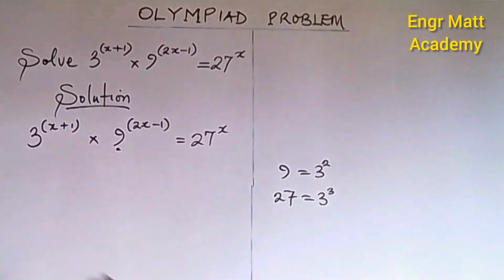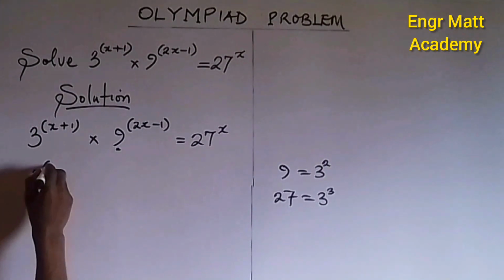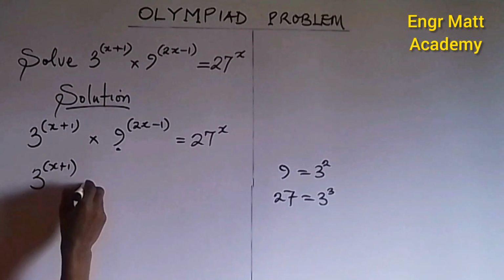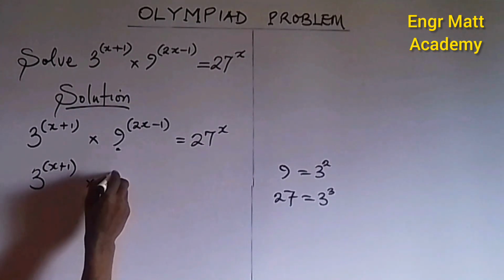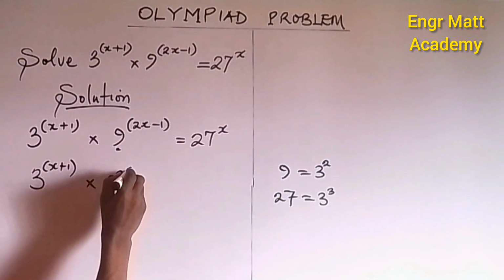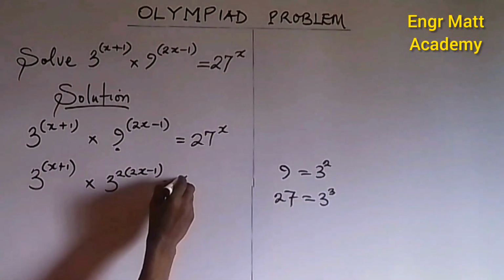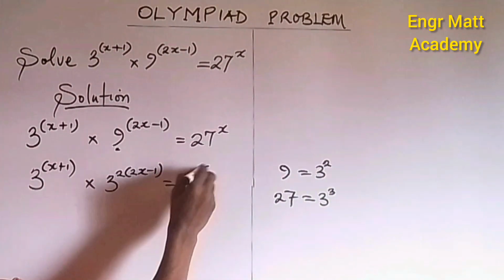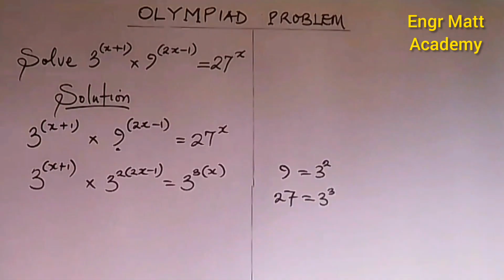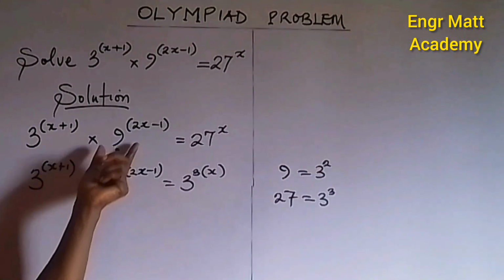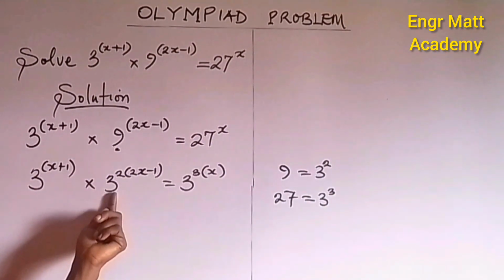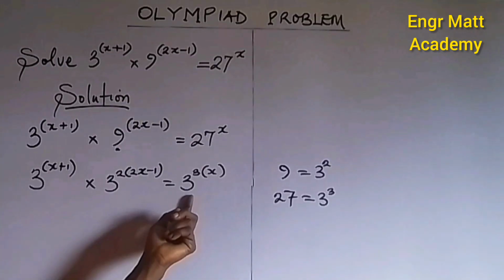Let's do that. 3 raised to power x plus 1 times 3 squared raised to power 2x minus 1 equals 3 cubed raised to power x. What we have just done is convert 9 to base 3 and 27 to base 3.